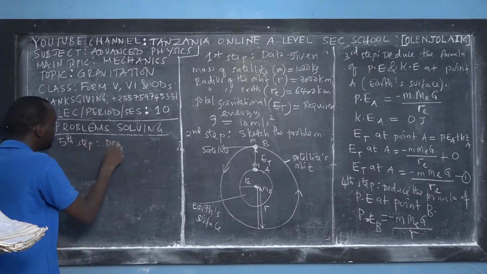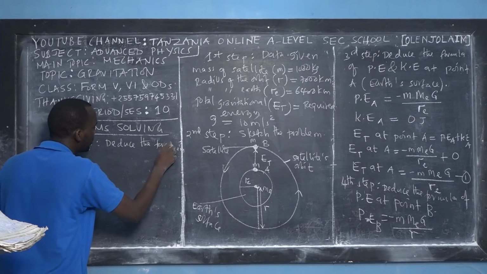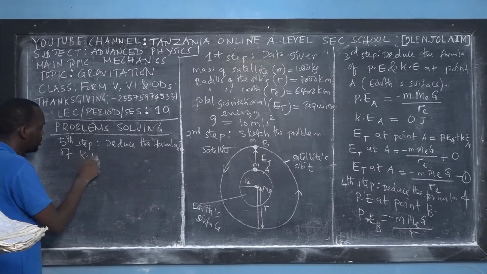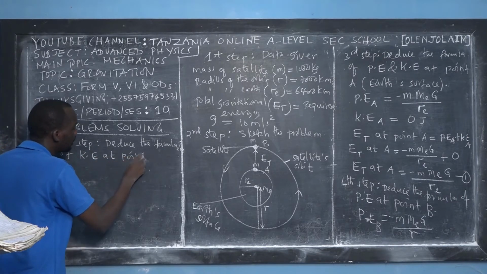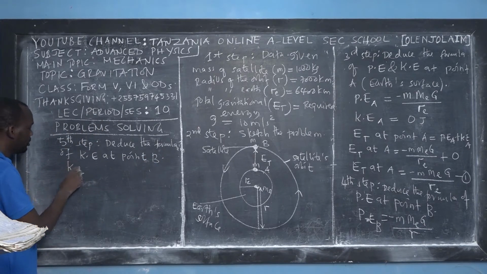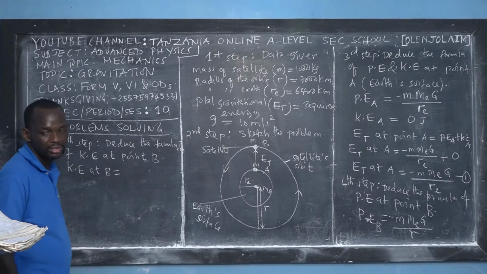So then we got the fifth step. We say that reduce the formula of kinetic energy at point B. So we say that kinetic energy at point B is equal to what?